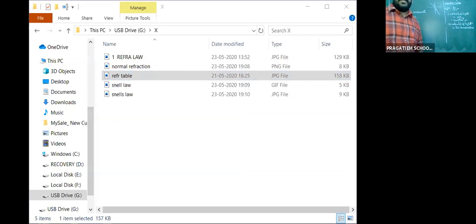On the board you can find the refractive index of some very important substances. First one is air.